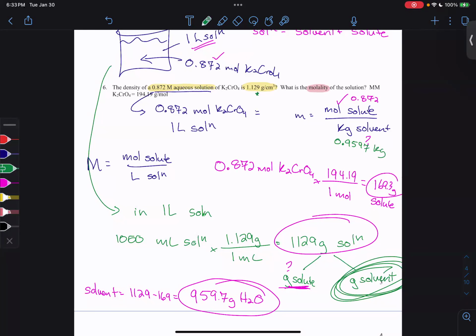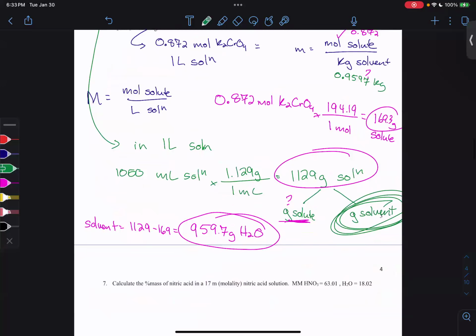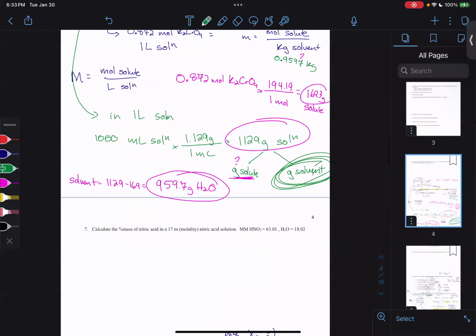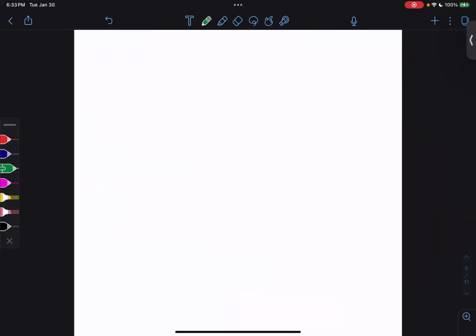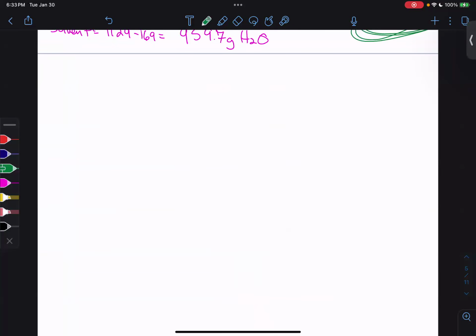All right. So I've told this in my class, how to approach concentration questions. These are the types of concentration questions we can ask you. X, what does that mean? Mole fraction. I can ask you mole fraction. I can ask you percent mass.